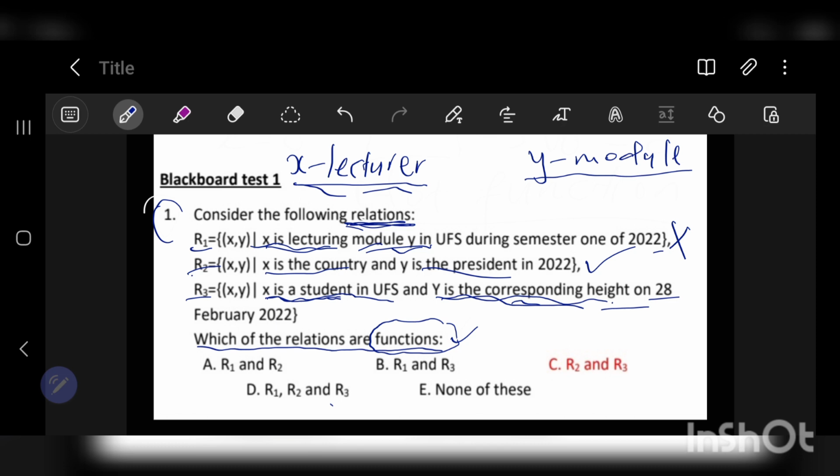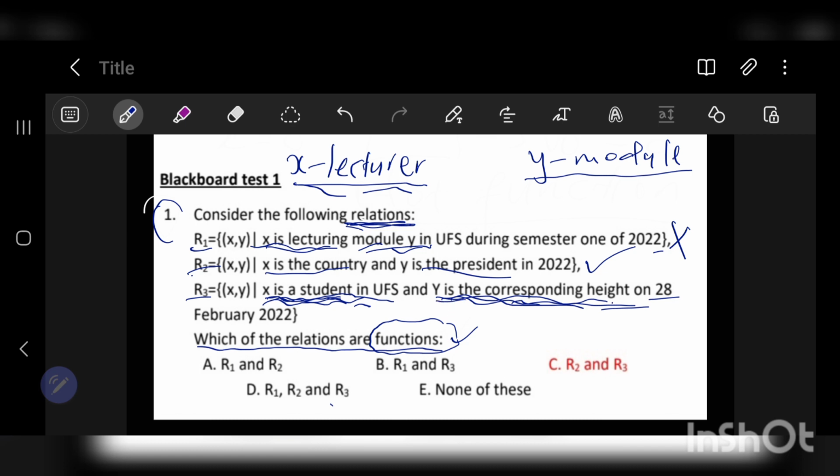Definitely yes, people, because on a particular day, a student can only have one corresponding height. You can't measure me now, people, and find that my height is maybe 1.5, and then after 3 hours you measure me again and find a different height.